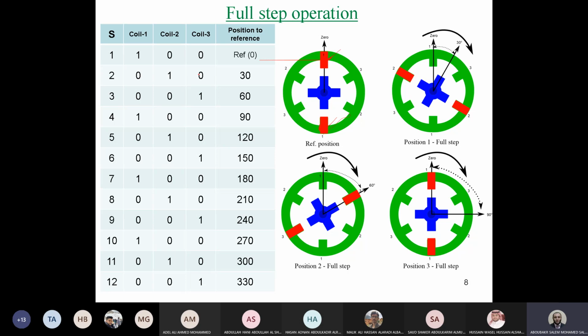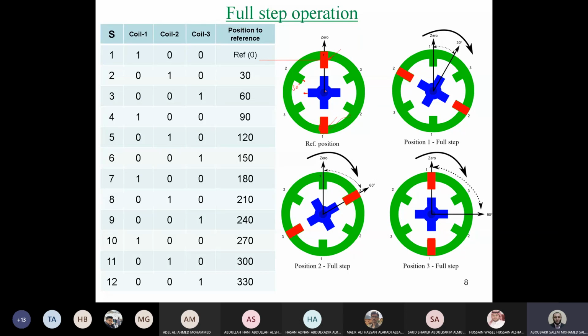In order to understand the full step operation, or the motion of our motor, we should compare to the first case. In the first case here, this rotor tooth is facing tooth number 1, like that. And this tooth here, as we discussed, is now shifted from tooth number 2 by 30 degrees.